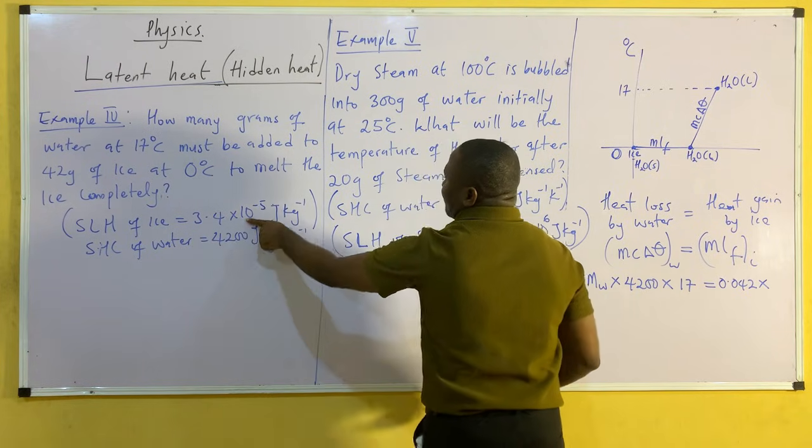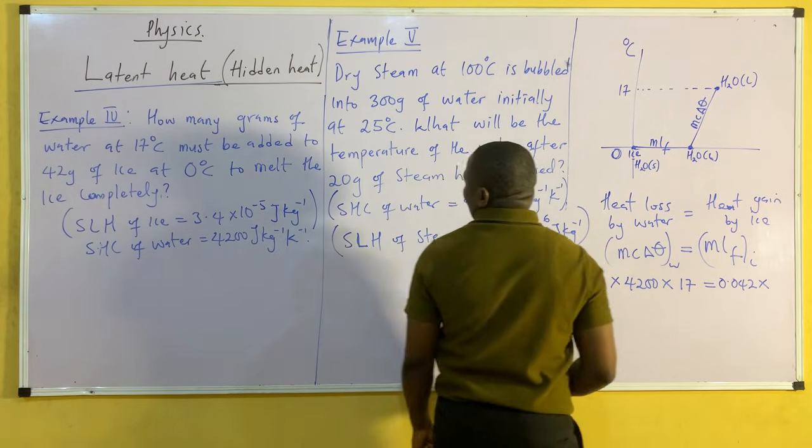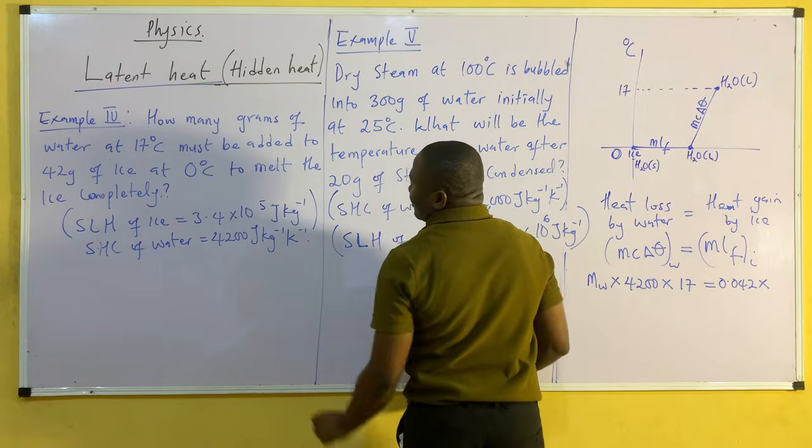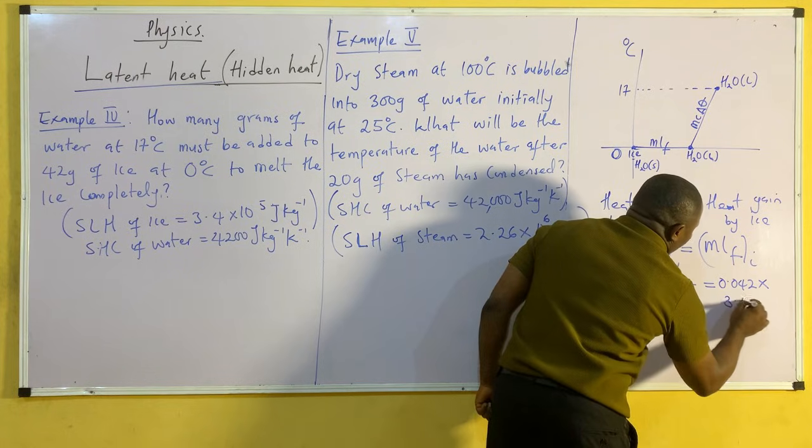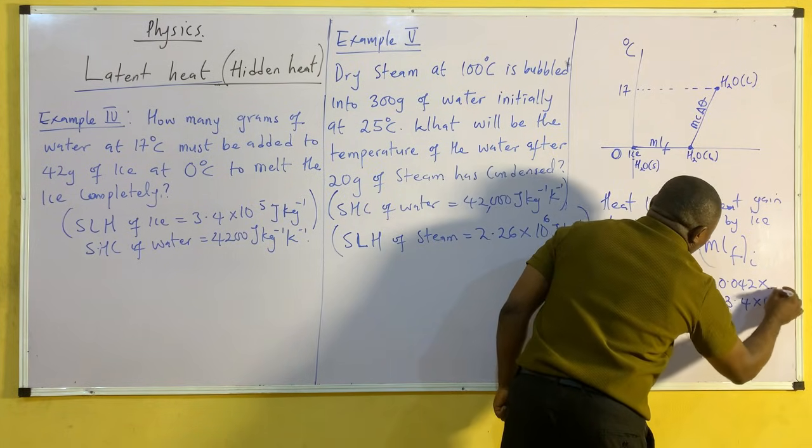We have it as 3.4 times 10 raised to power 5, not minus 5.